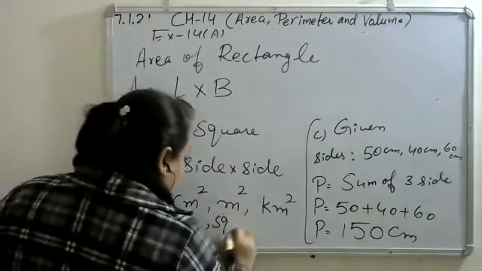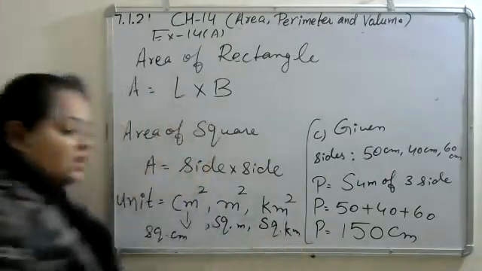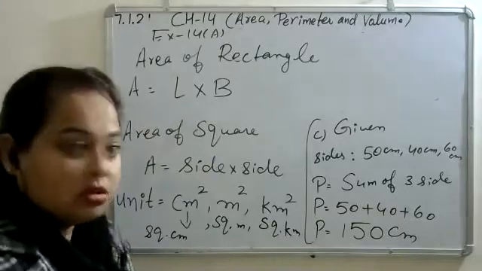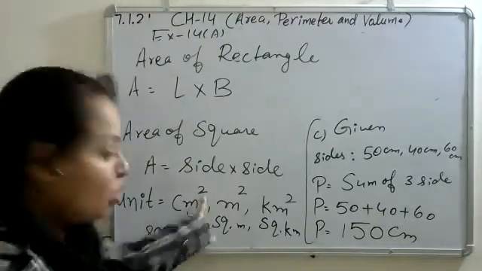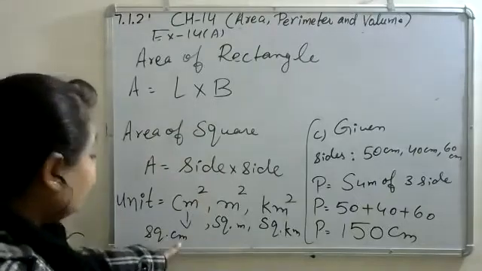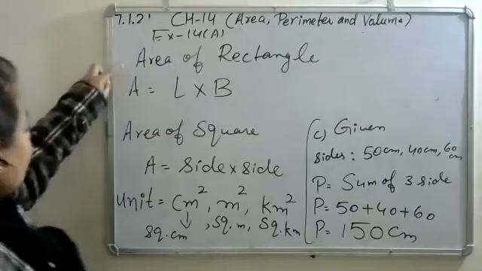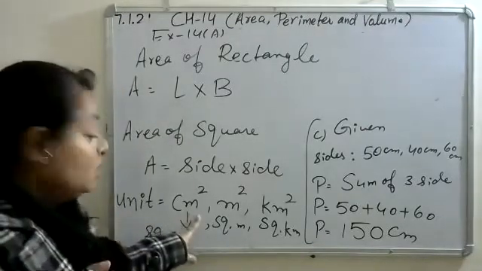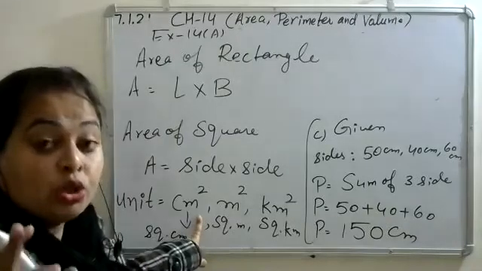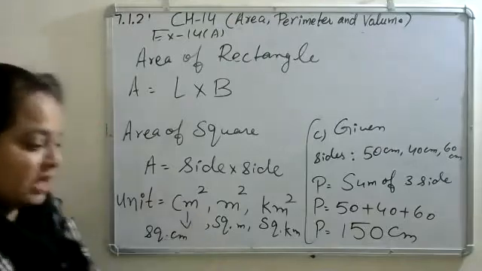Similarly, square meter, square kilometer. There will be no compulsion. आपने सेंटीमीटर स्क्वायर लिखना है, सेंटीमीटर स्क्वायर लिखो, स्क्वायर लिख के सेंटीमीटर बाद में लिखना है, बाद में लिखो. So your wish. Note down both the formulas as well as keep in mind the unit. Very much compulsory. Don't be confused between perimeter and area.